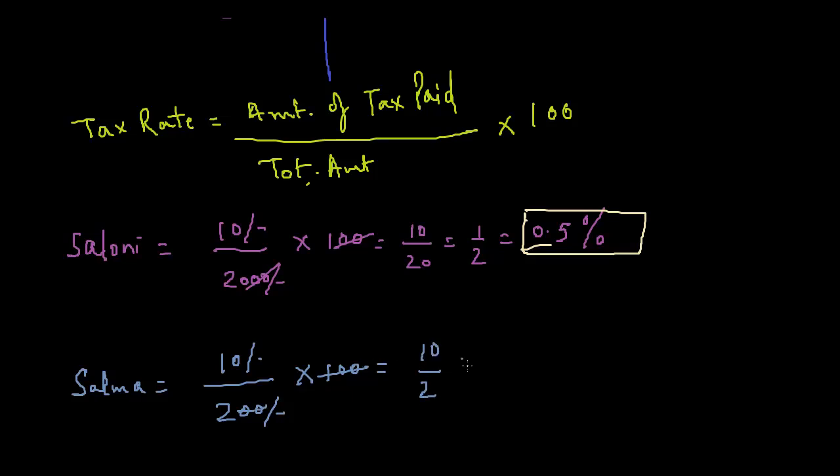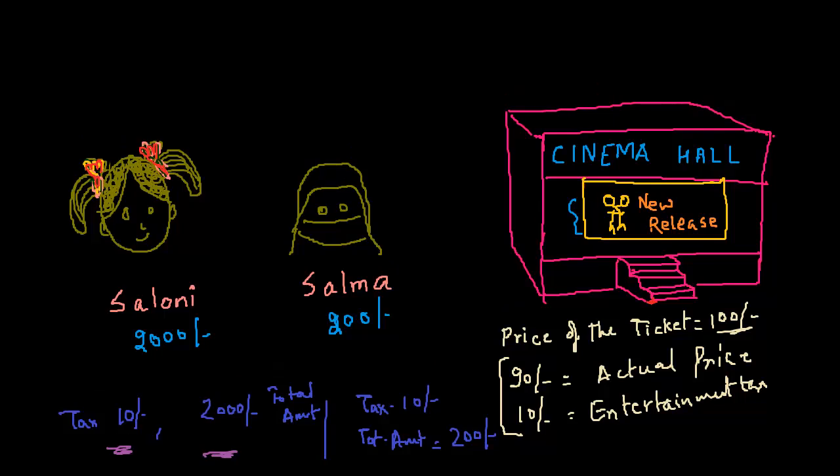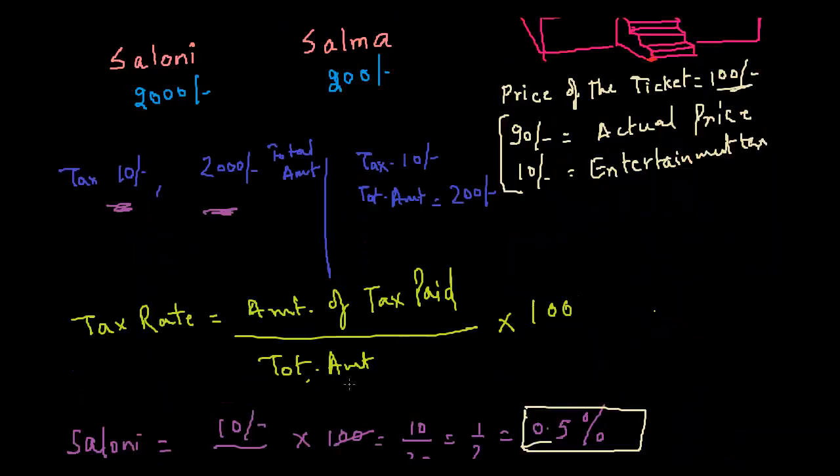That is, 5% is the tax rate that she has paid. So this is what regressive tax means. Salma had 200 and she paid 5%, and Saloni had 2000 and she only paid 0.5% of tax.